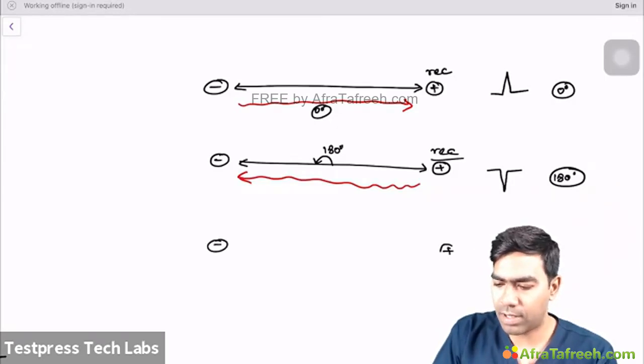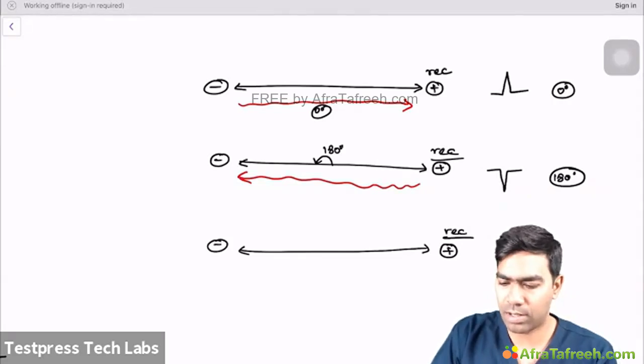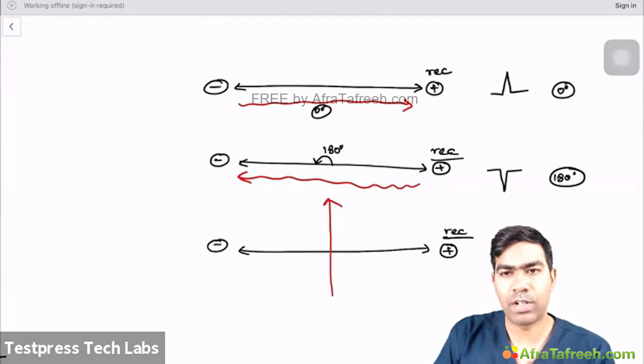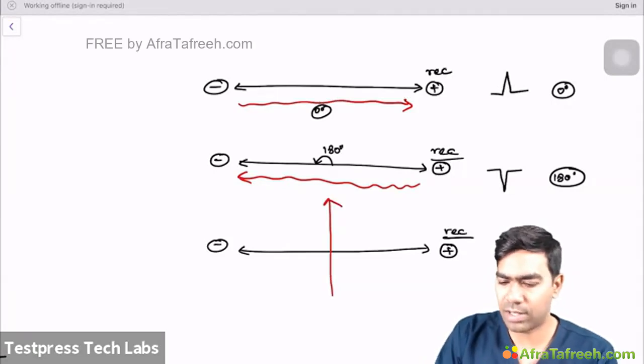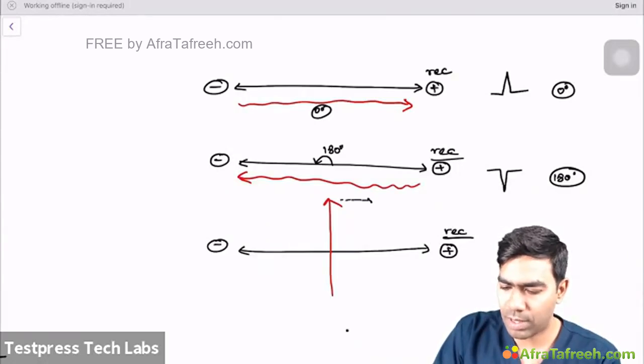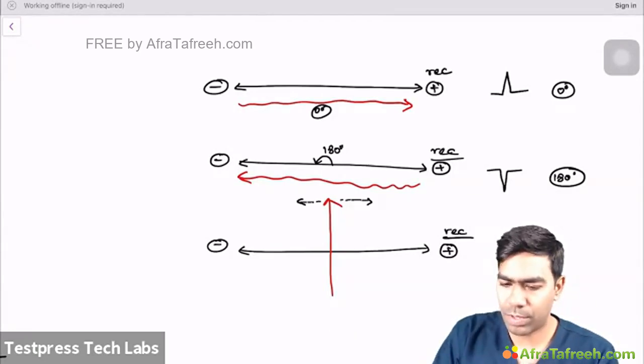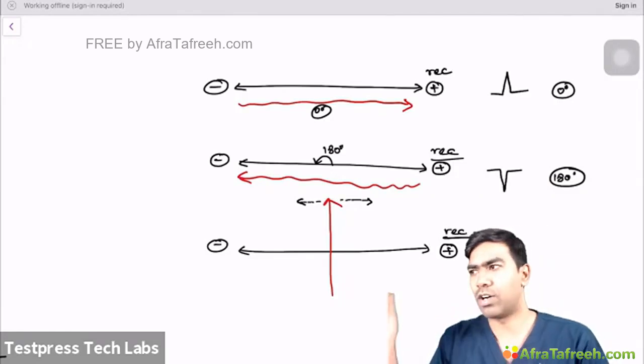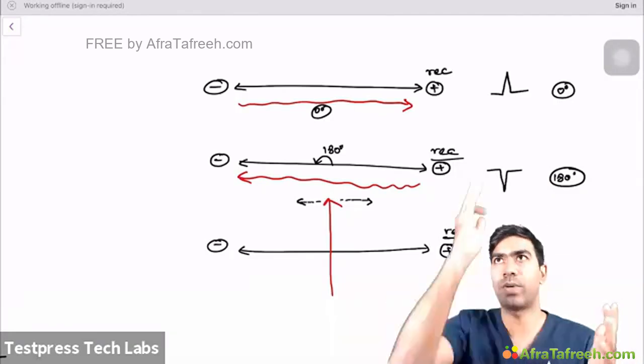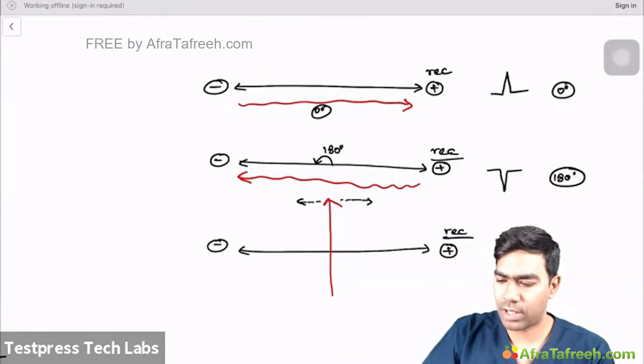Similarly, with negative and positive, you have the recording electrode at the positive side, and something is moving perpendicularly like this. Whenever something moves perpendicularly, there is some force acting on this side and an equal amount of force acting on this side, so it goes straight.